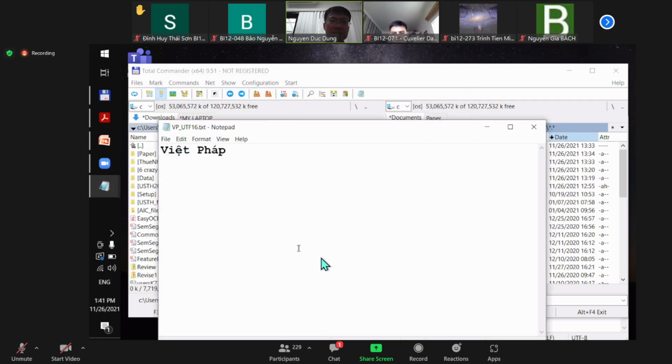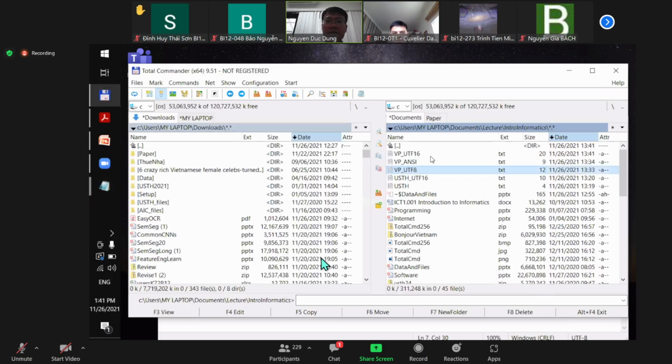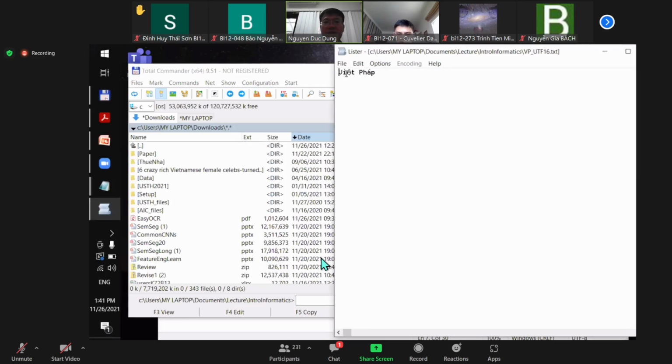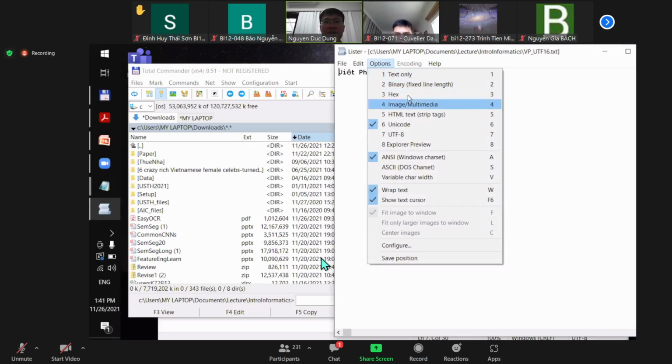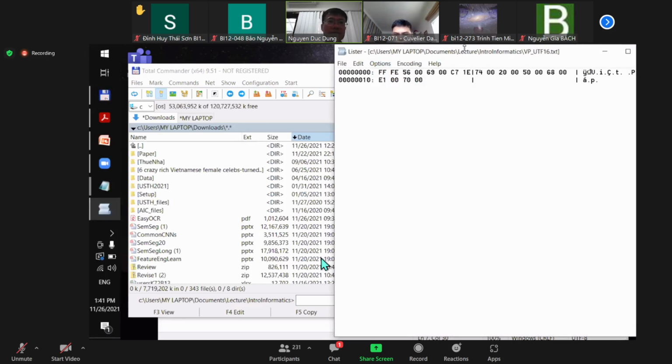UTF-16. Yeah, my content is still okay. Now for UTF-16, it costs 20 bytes for the same document, as we expected for UTF-16. Okay, we still see the content here.